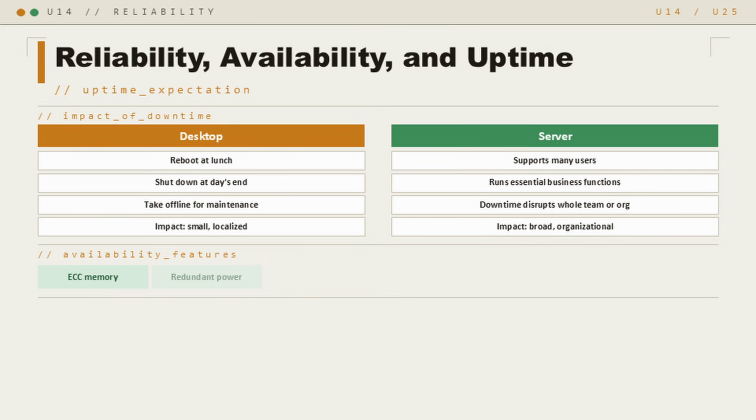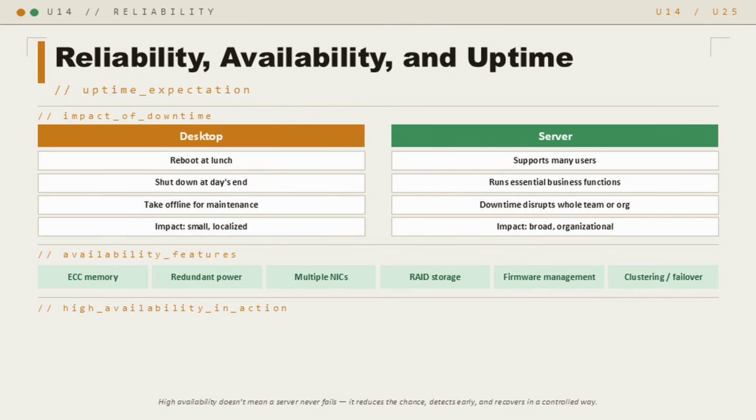ECC memory, redundant power, multiple network interfaces, RAID or other resilient storage configurations, firmware management tools, and in some cases, clustering or failover designs. High availability does not mean a server never fails. It means the system is engineered to reduce the chance of failure, detect issues early, and recover in a controlled way.